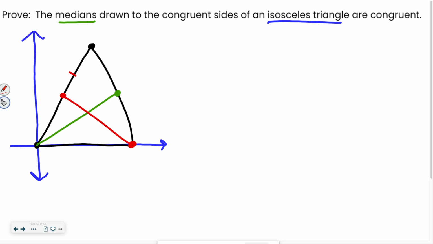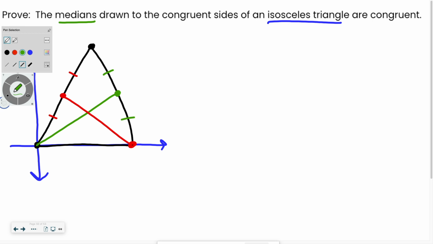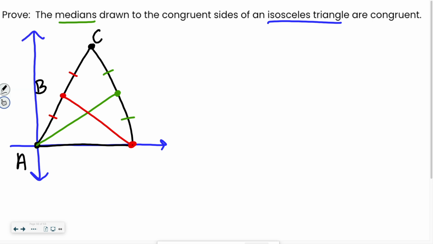We know that's the midpoint of that side, and that's the midpoint of this side. So far this is what your picture should look like. Our end goal is to show that this green and red segment are the same length, but we'll talk about that in a second, because now we're going to go back and label all of our ordered pairs. Let's first give them letters so we all know what we're talking about. I'm just going to go around my triangle and label them A, B, C, D, E.